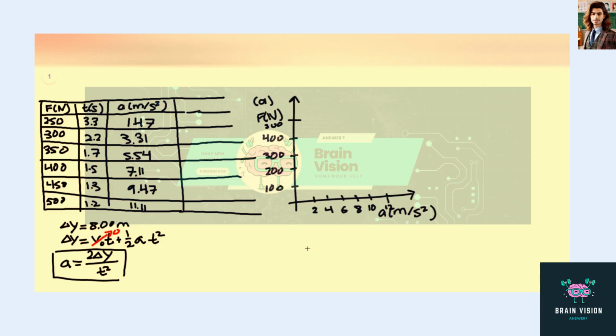Now we can go ahead and plot our points. Starting with the first one, 1.47 corresponding to 250 will be around here. 3.31 to 300 is about there. 5.54 to 350 is there. 7.11 to 400 is here. 9.47 to 450 is there.